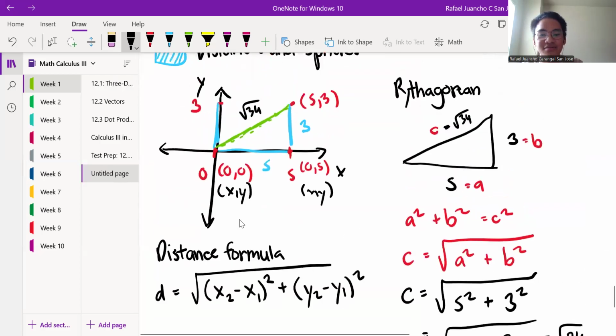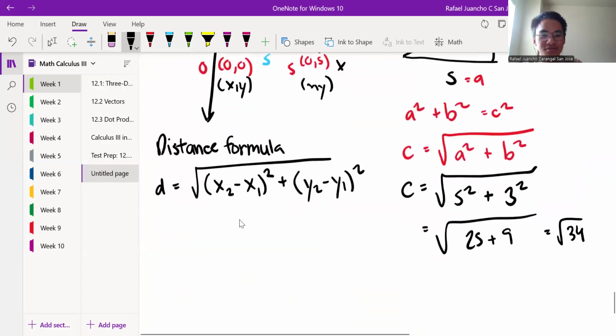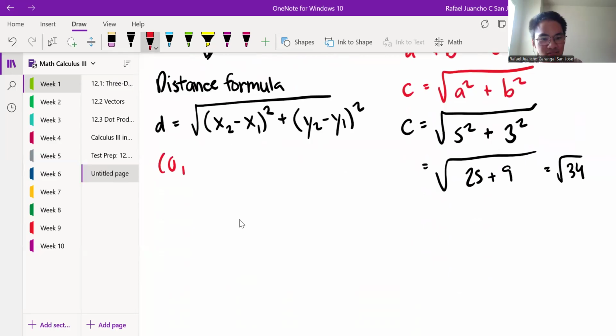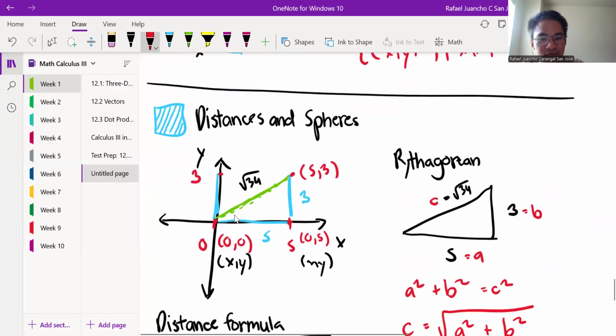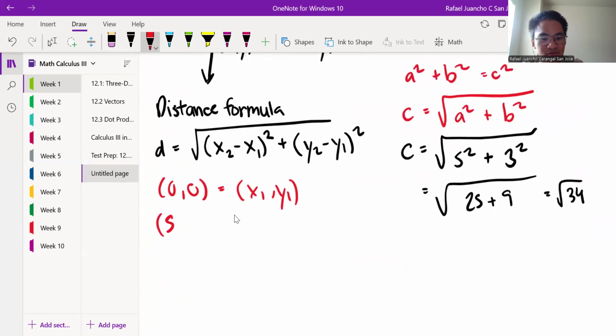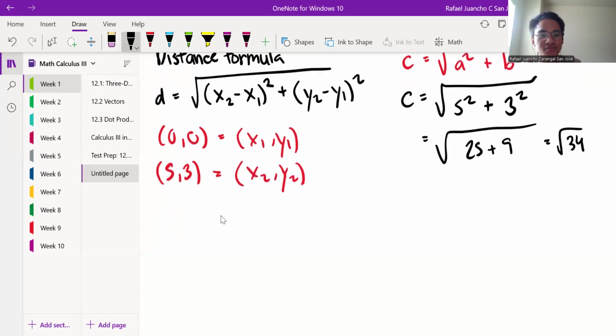Now we can look at this example here. 0, 0 is my x1, y1, and my 5, 3 is x2, y2. Now we just apply this distance formula and watch the magic.